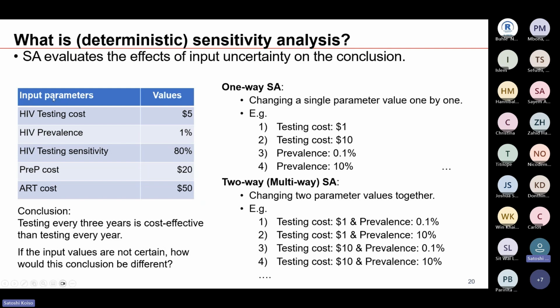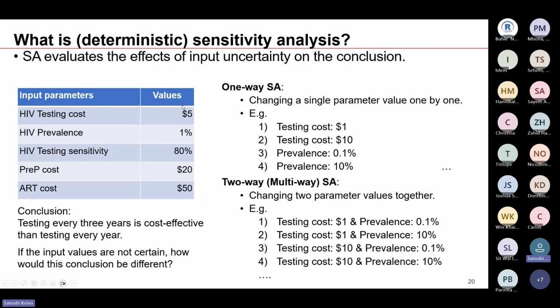Let's say if you use these input parameters at these values, you might get some conclusion, for example, testing every 3 years is cost effective compared with testing every year. But if these input values are not certain, they should have some range for the uncertainty, and then how will this conclusion be different?